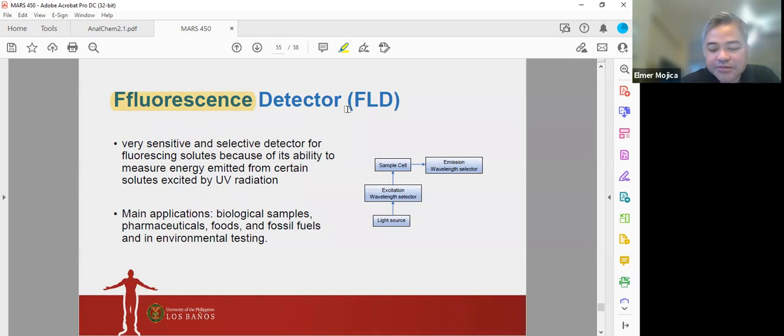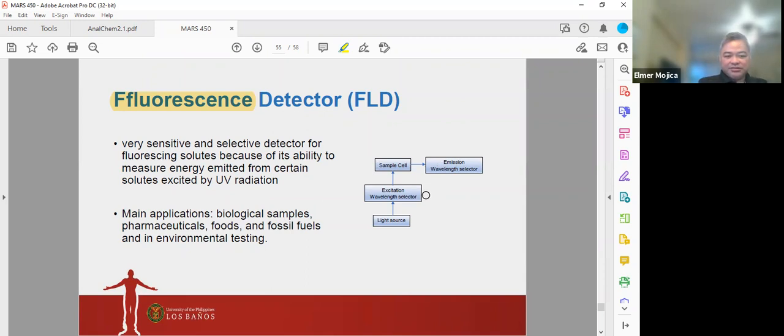I don't know if it's still in use. It's a very sensitive and selective detector for fluorescing solutes because of its ability to measure energy emitted from certain solutes excited by UV-Vis. Usually you have an emission wavelength and an excitation wavelength. The excitation wavelength is where you apply the energy, and the emission wavelength is where you monitor any emission that comes out once you excite it.